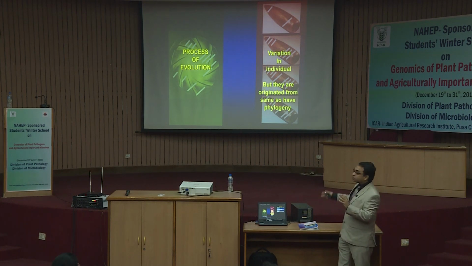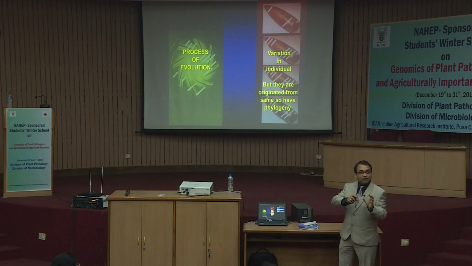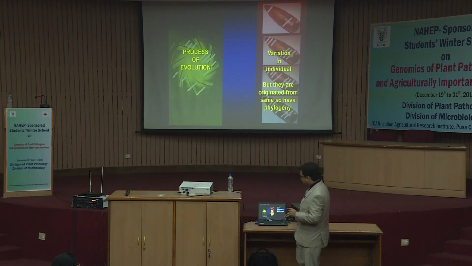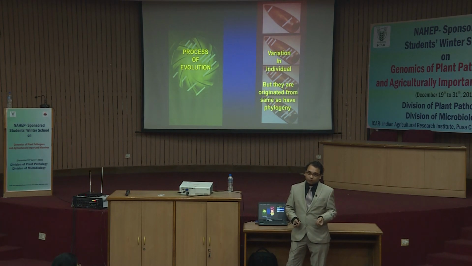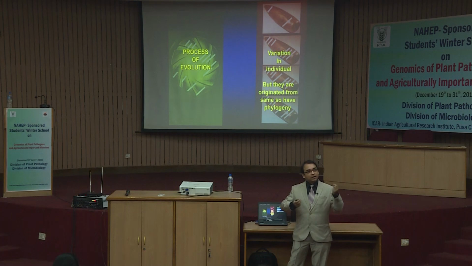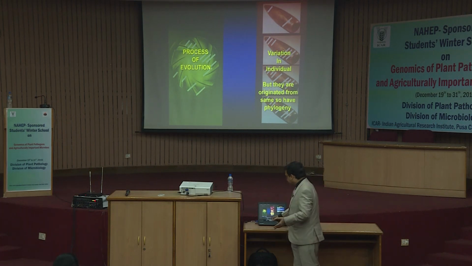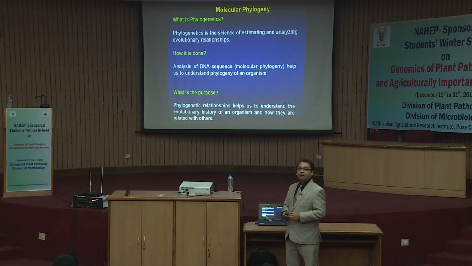Based on that relationship, people can tell that they were shot from the same pistol. Similarly, as I told from the first slide, we originate from one single molecule. So, through the process of evolution, something must be there from the earlier days. That is actually phylogenetics.